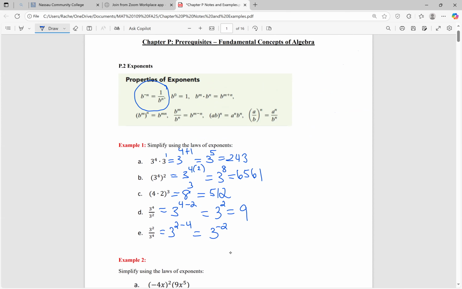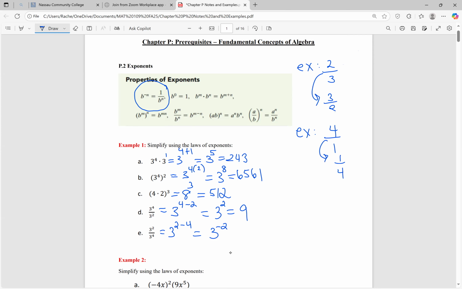For example, let's say I have the fraction 2/3. The reciprocal of 2/3 is 3/2. For example, if I have the number 4, that's the same thing as 4 over 1. The reciprocal would be 1/4.